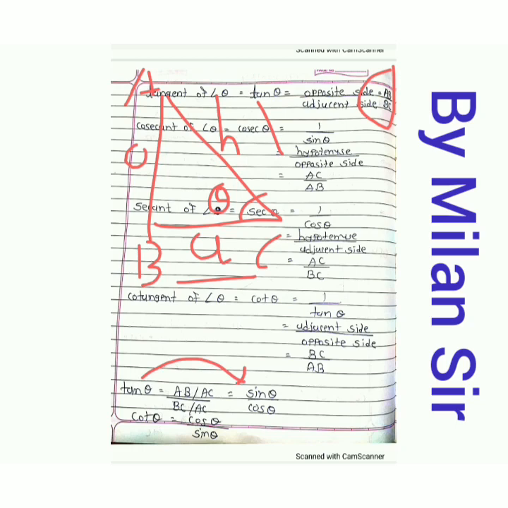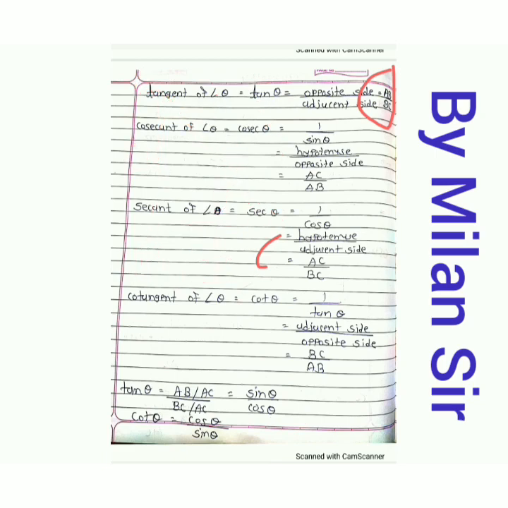Tan theta is opposite upon adjacent, and the second formula is sin theta upon cos theta. Now cot theta is inverse of tan theta, means change the numerator and denominator. So cot theta is cos theta upon sin theta, right? So these are the 6 terms of trigonometry.